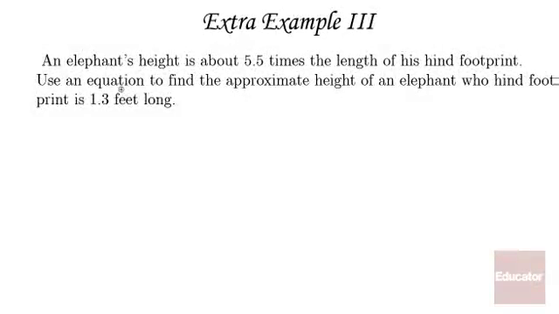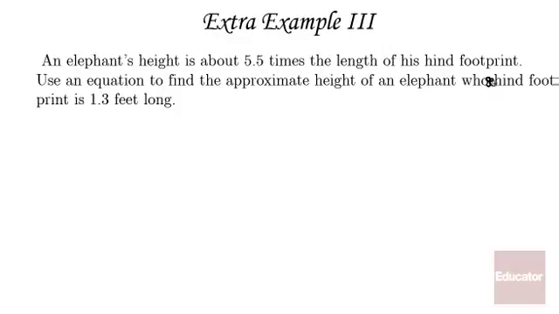An elephant's height is about 5.5 times the length of his hind footprint. Use an equation to find the approximate height of an elephant whose hind footprint is 1.3 feet long. So let's read this problem again. An elephant's height is about 5.5 times the length of his hind footprint.